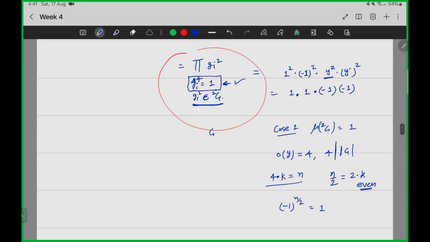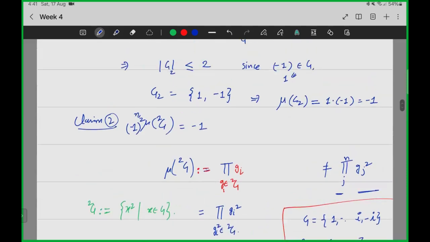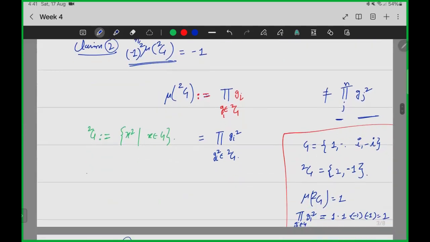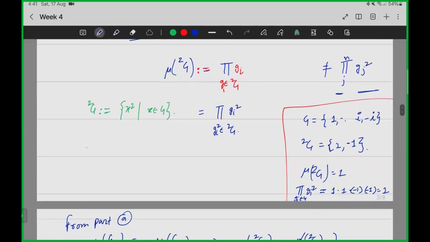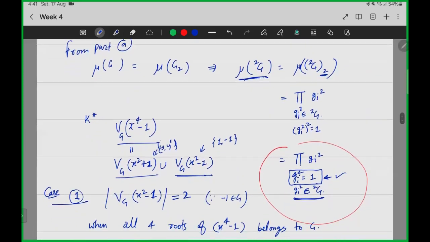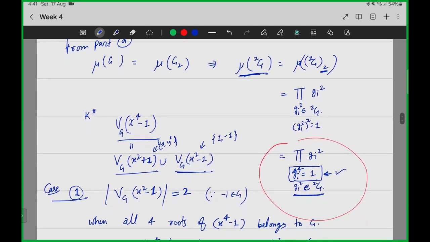Is there any mistake? Because we have to show minus 1 to the power n by 2 into mu of 2G equal to minus. Is it coming out to be just one? Yes, it seems. Because I also tried it another way.